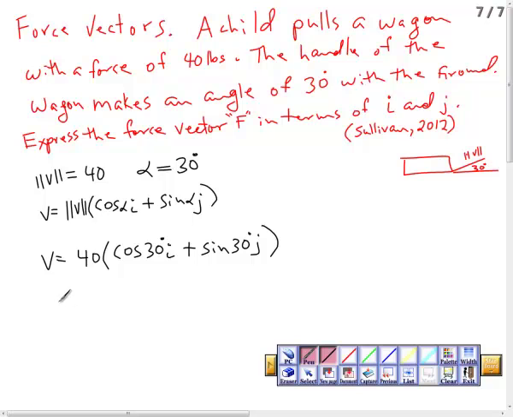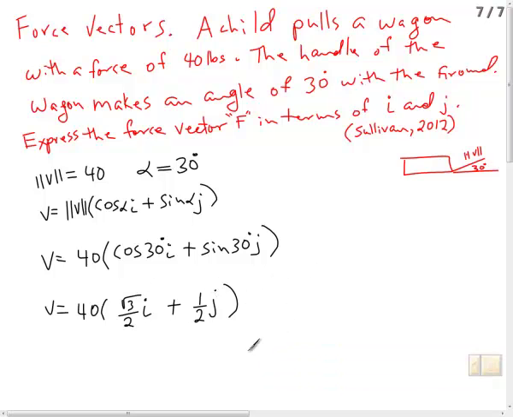So in that case, our vector, here's 40 cosine of 30 degrees. That will be square root 3 over 2 I plus sine of 30 degrees, that's 1/2 J. Now if we were to distribute that 40, then that would be 40 square root 3 over 2 I plus 40 over 2 J. And if we simplify that, 2 goes into 40, that's 20.